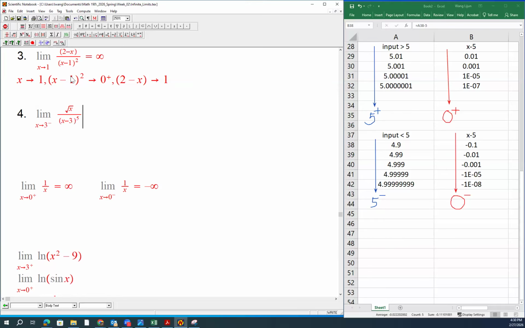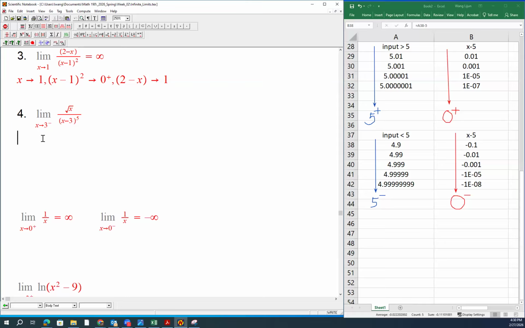Number 4, x approaching 3 from smaller than 3. Then x minus 3, what happened to x minus 3?